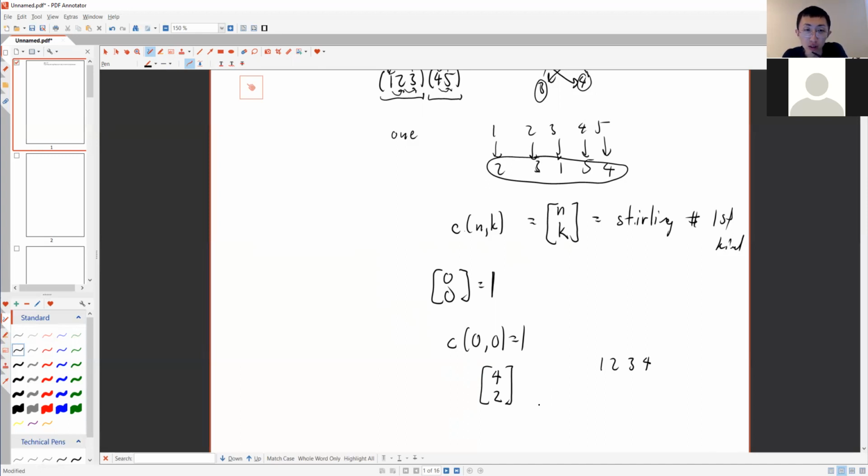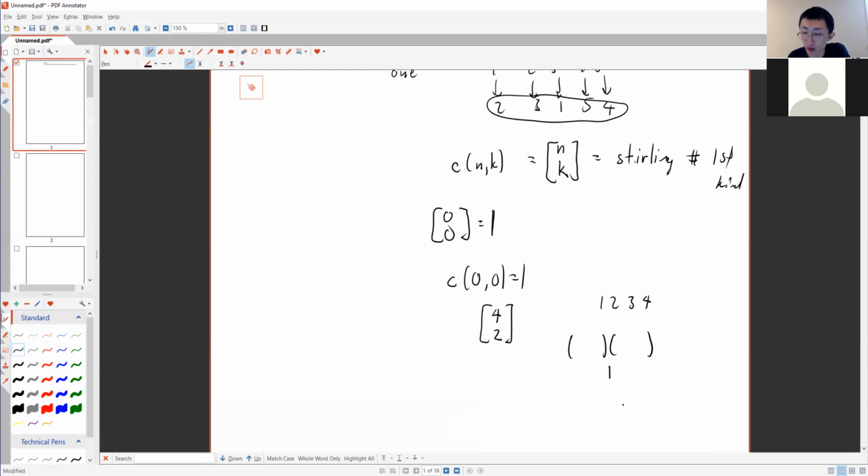So it's a permutation, so you can't have, okay, I see. So you're saying there are two cycles and each number has two ways to go into them. But the thing is, the order kind of matters. So this is the same as this, right? Because this says 2 goes to 1 and 1 goes to 2.